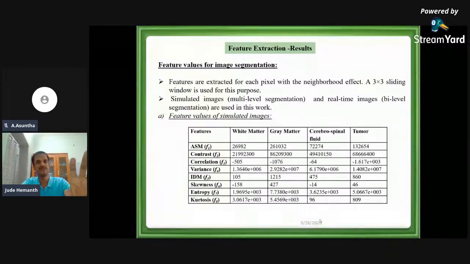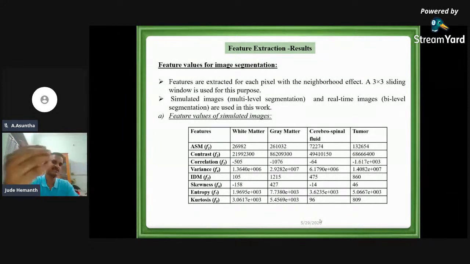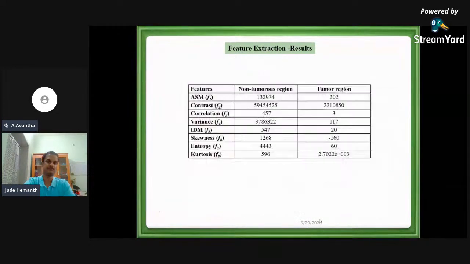So those 9 pixels will act as an image. For those 9 pixels, you are going to extract the features, not only for the pixel of interest but also for the neighboring pixels. Again, the same features give very good differentiable values. This is an example for another type of synthetic images, or images taken from a website.